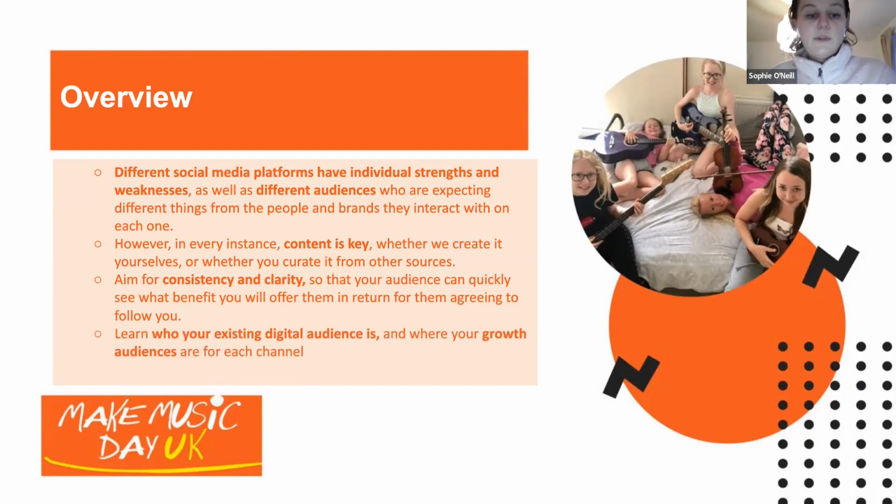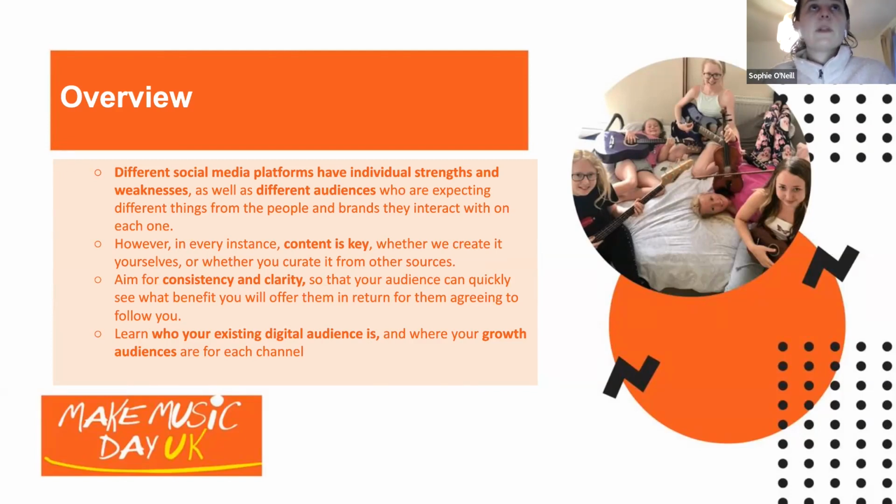In order to do that, you need to learn who your existing digital audience is, and most of the major platforms have some great metrics and analytics that you can look into around demographic data. If that's not something that you already track, you can find all that out. Also think about where your growth audiences are for each channel.